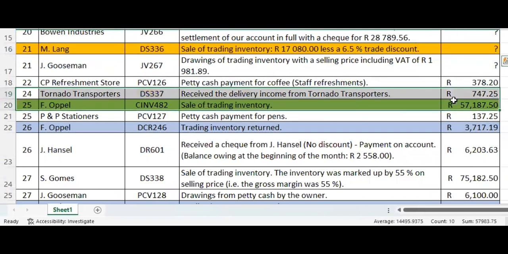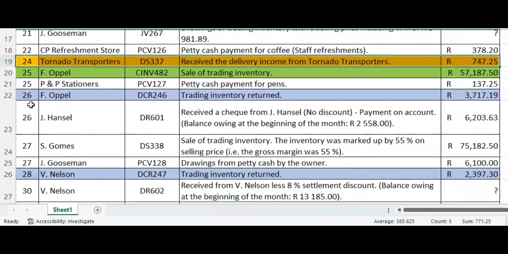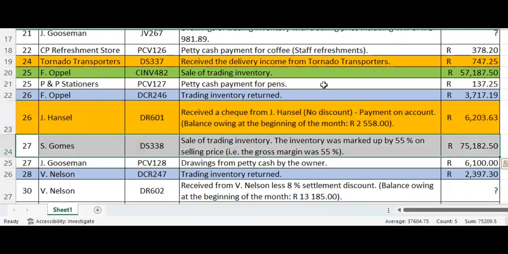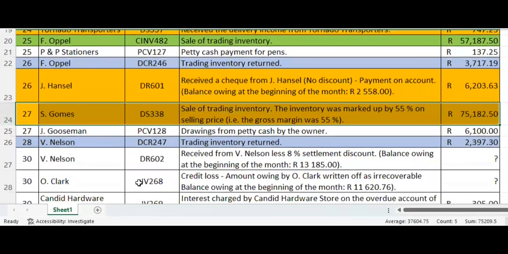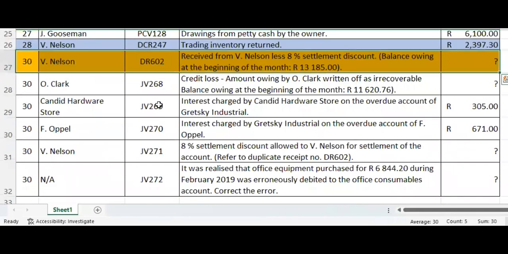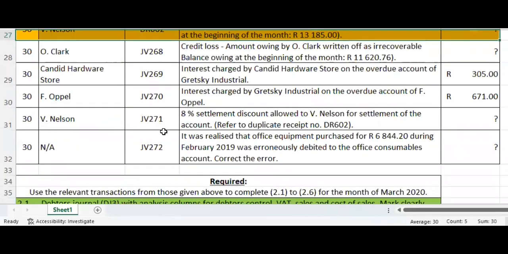Another one here, DS. Here's a DR. Here is a DS. Here's another DR. These are all journal vouchers, so we don't need to worry about them.